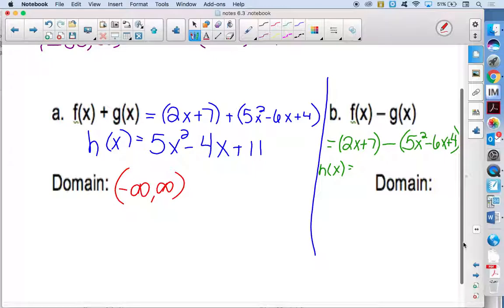Sarah, what do you have for h of x? H of x, I have negative 5x squared plus 8x plus 3. And what's that domain? Negative infinity to positive infinity. Right, so still the same domain because they were negative infinity and positive infinity in the beginning. Questions?